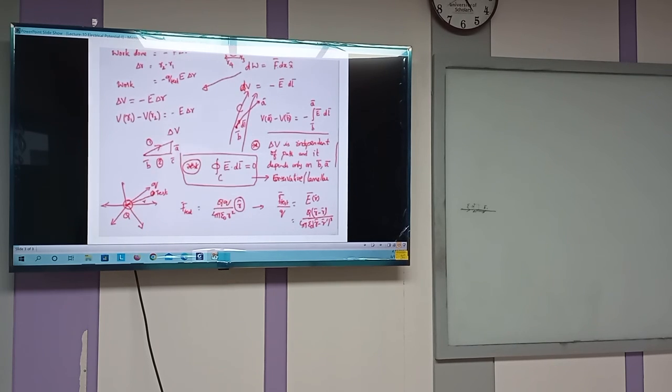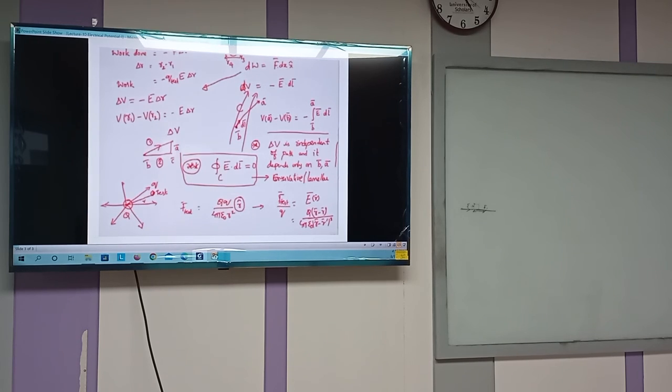With this, now let us go to the point charge that we left off slightly earlier, okay? There is a point charge Q here. We have calculated the electric field for a line charge, but we did not calculate the electric field for a point charge.